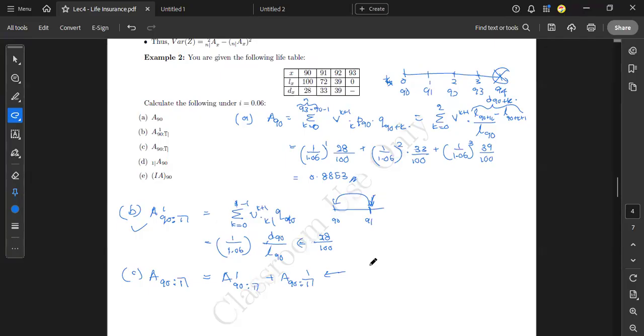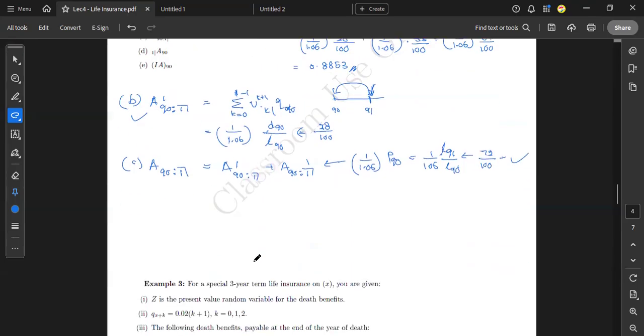You just need the survival probability. If you survive there, the discount is 1 over 1.06, and the survival probability is surviving to 91, which means L91 divided by L90, and it is 72 divided by 100. So you can get this value and get the final value.